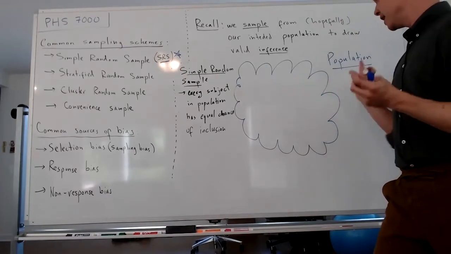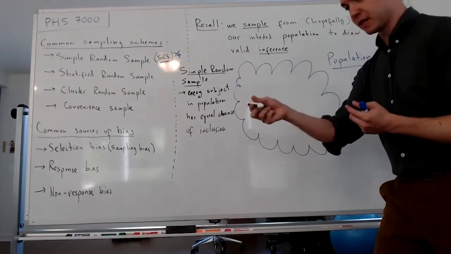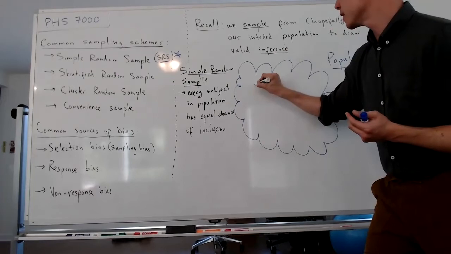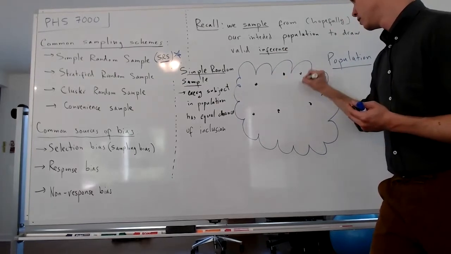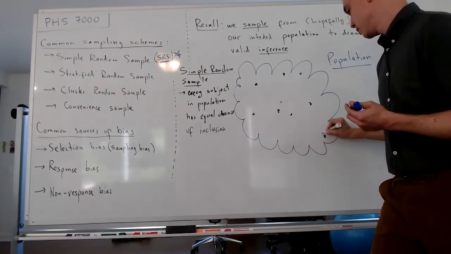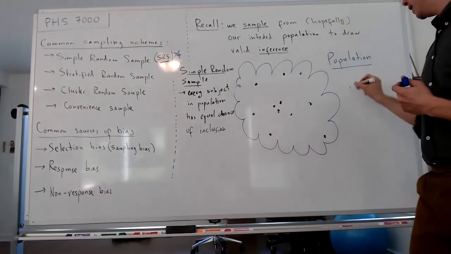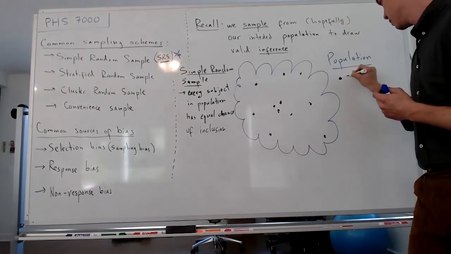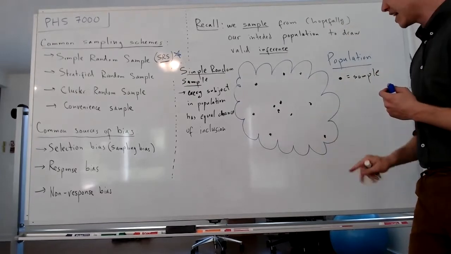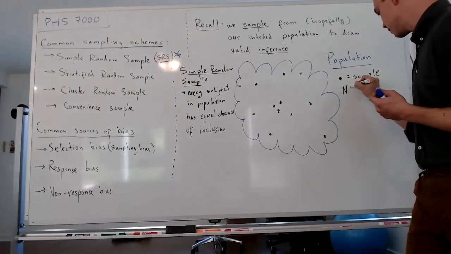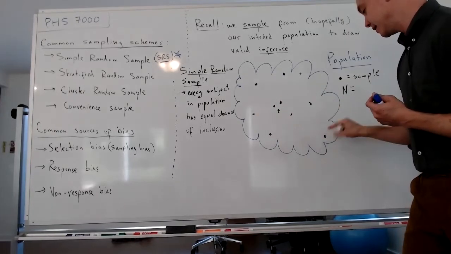But to illustrate the simple random sample, my data is going to be this black marker right here. I'm just going to randomly sample. All right, there is my sample. Looks like the sample size is 1, 2, 3, 6, 8, 10.